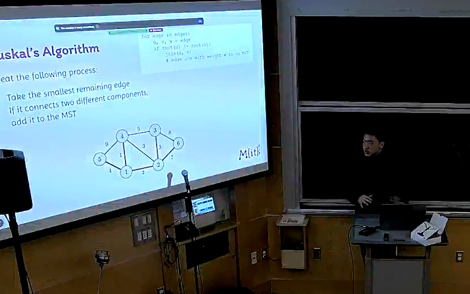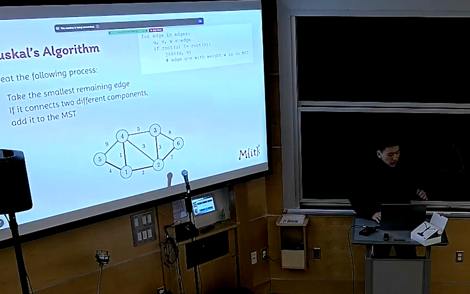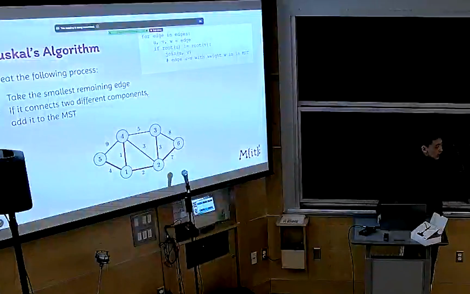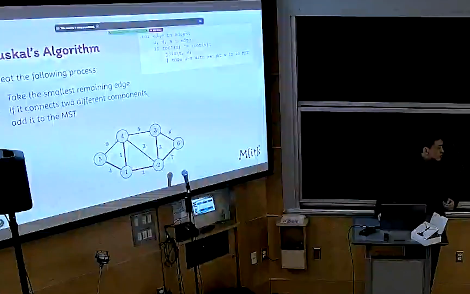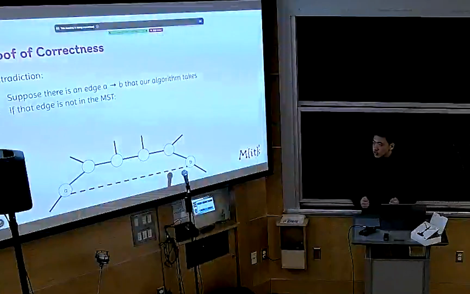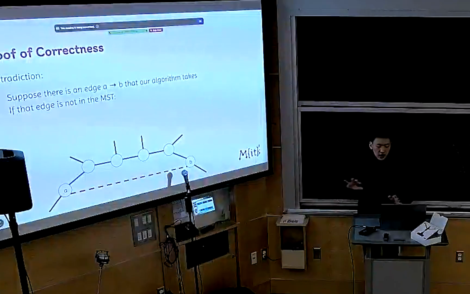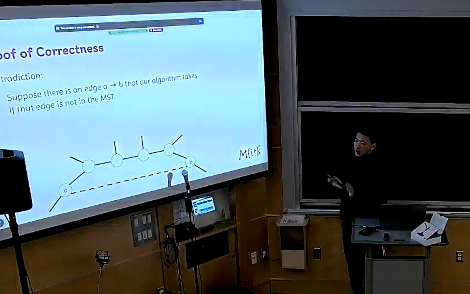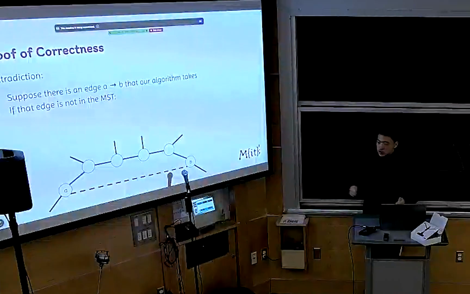So will this spanning tree always be optimal? It turns out the answer is actually yes. And the reason for this, we can see through a kind of proof by contradiction. Suppose we have an MST. Let's denote the MST with the black and blue edges on the screen.